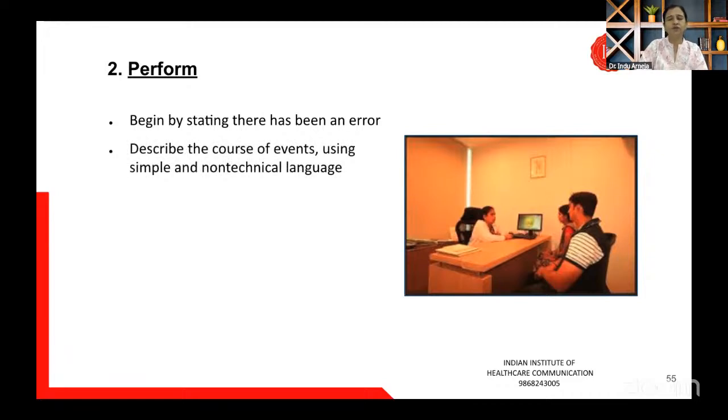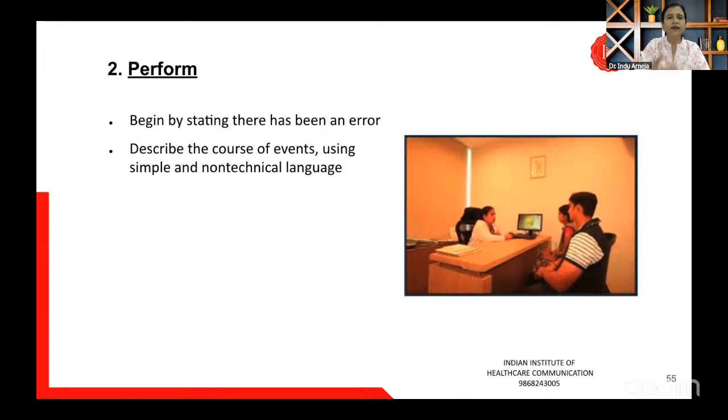Describe the course of events using simple and non-technical language. For example, in the role play we did, there's a possibility that there were two patients with the same name, or that another patient's x-rays were attached to this patient's case sheet, and the surgeon did not realize that the name on the x-ray was not the same, and did not check.